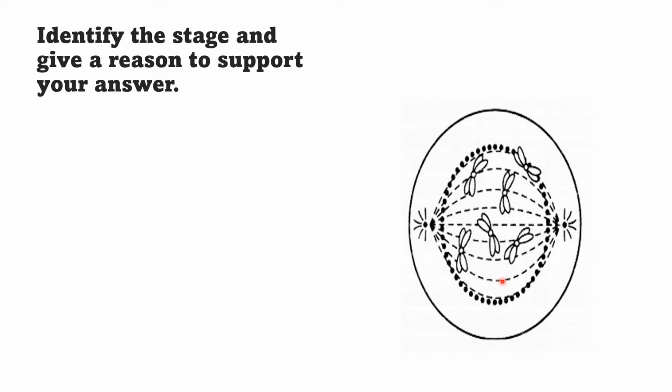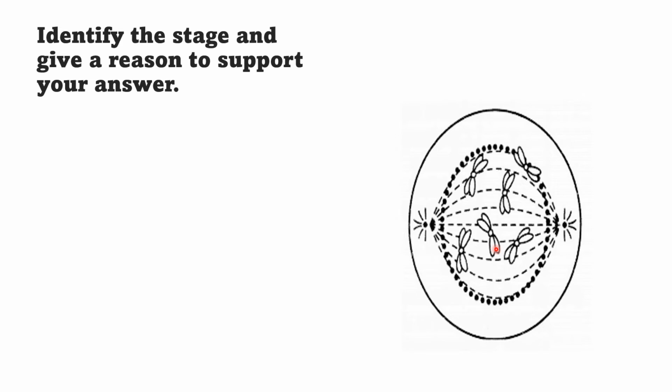But in anaphase, chromatids move towards the pole. You can't see that one here, right? Then in telophase stage, two nuclei you can see, right? Then that also is not here. Then the only possibility is prophase.